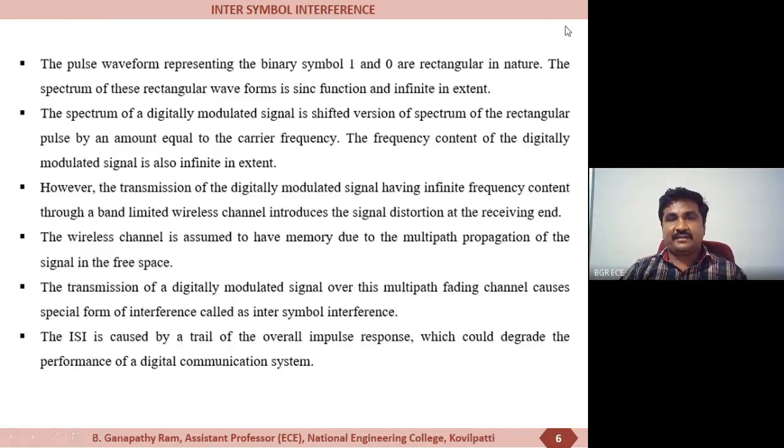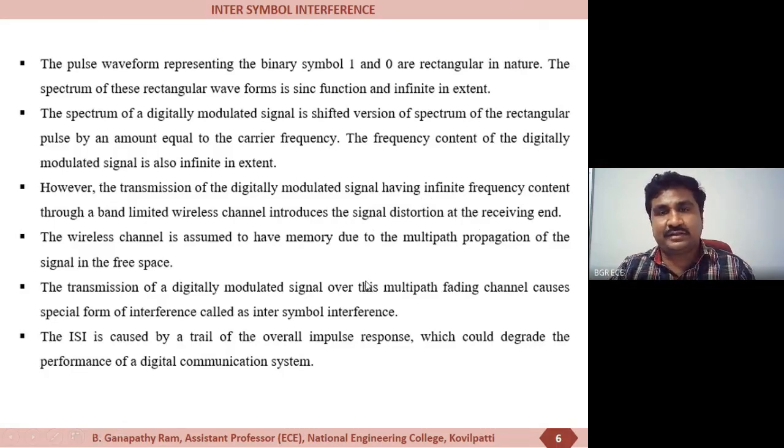However, transmission of the digitally modulated signal having infinite frequency content through a band limited wireless channel introduces signal distortion at the receiving end. That is, it has a time dispersion in the time domain.